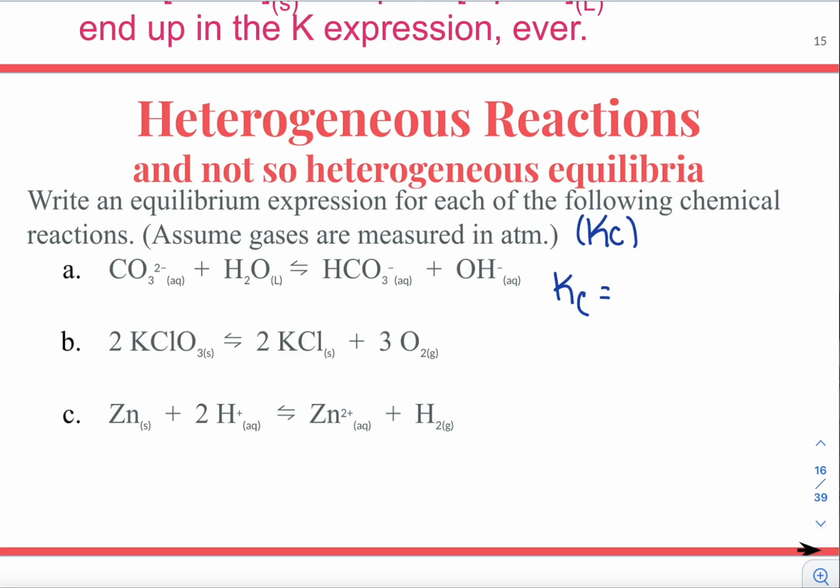So we have HCO3 minus times OH minus, and then our reactants are going to be CO3 2 minus. Because H2O is in liquid form, we don't have to include it in our expression at all.